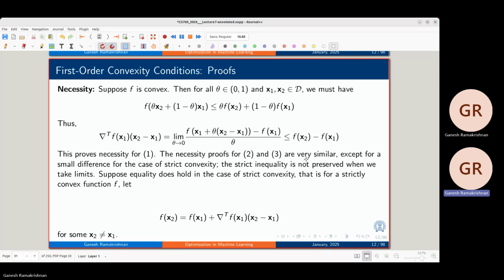Did I subtract? No, sorry, this should actually be subtracting x1. Wait.